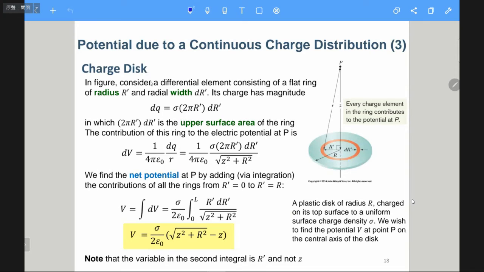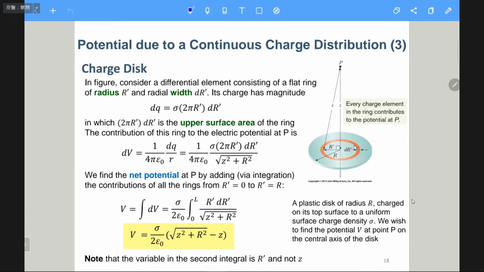Here in the figure we consider a differential element consisting of a flat ring of radius r prime and radial width dr prime. Its charge has magnitude dq. We will try to calculate the electric potential generated by this disk. Similarly, we separate it into many rings with different radii from 0 to capital R, and we try to find the electric potential over the z-axis.